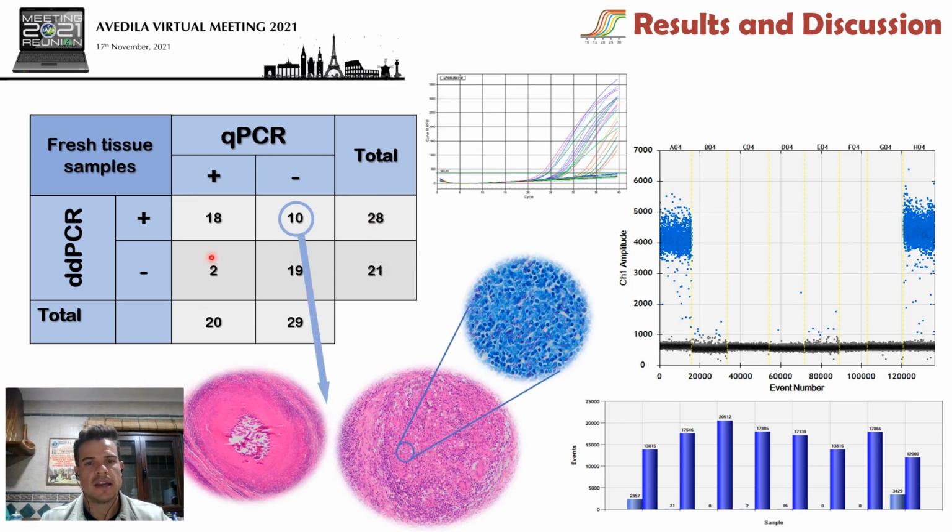Both samples, positive for real-time PCR but negative for digital PCR, were considered as weak positive. In the case of 5 of 10 samples positive for digital PCR but negative for real-time PCR, we found microscopic tuberculosis-like lesions.